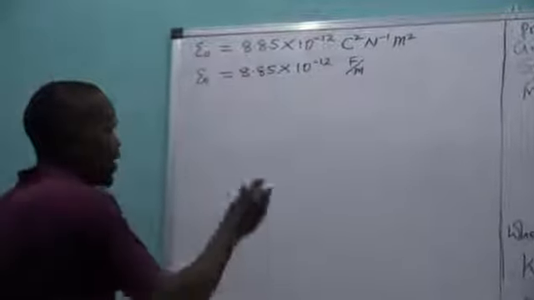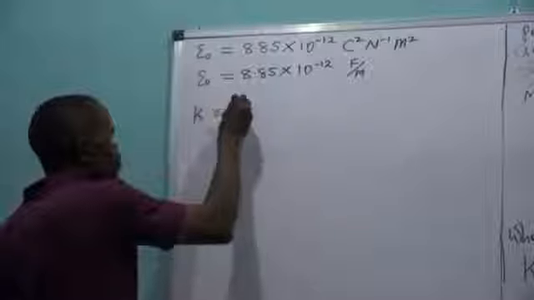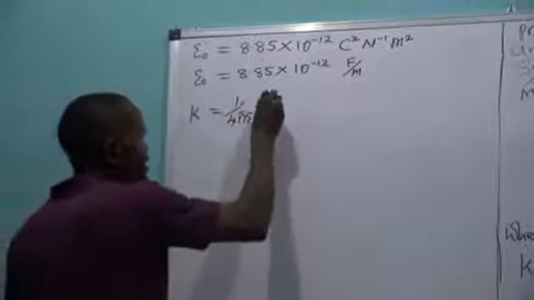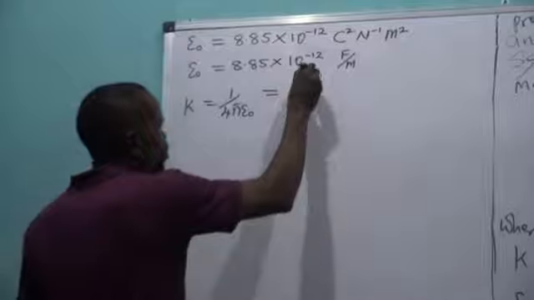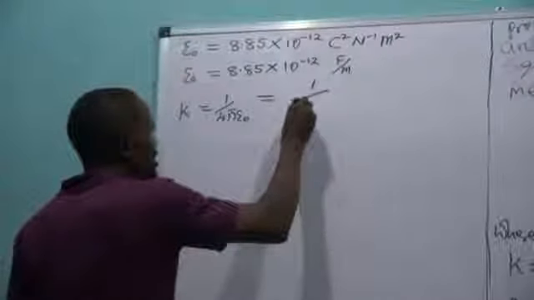Then now, if this is this, I have that K is equal to 1 over 4 pi epsilon O, and this is equal to 1 over 4 times pi.